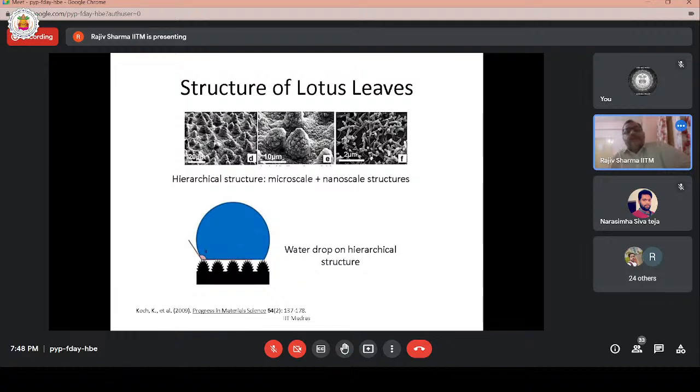And they found that it has what we call a hierarchical structure, a combination of microscaling and nanoscaling. That means you have kind of protrusions, microstructures, mini structures, nanostructures of different shape and different size.